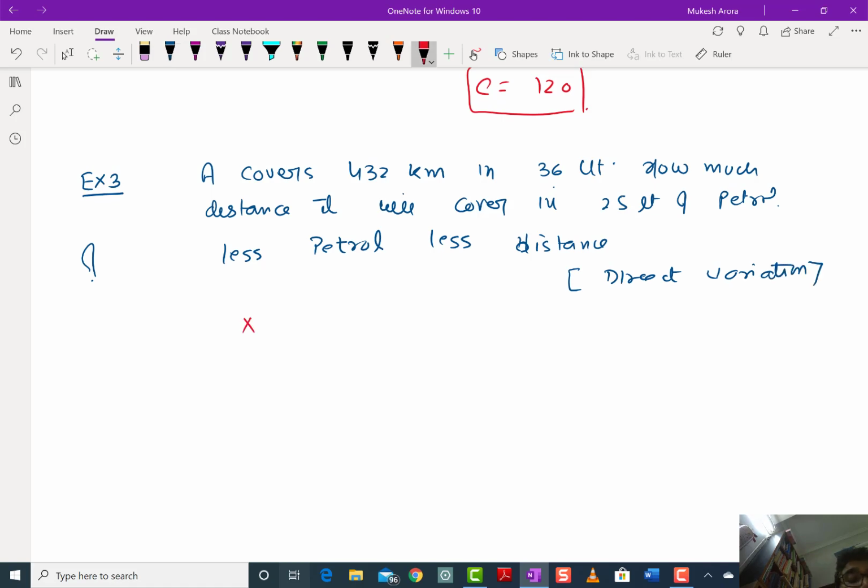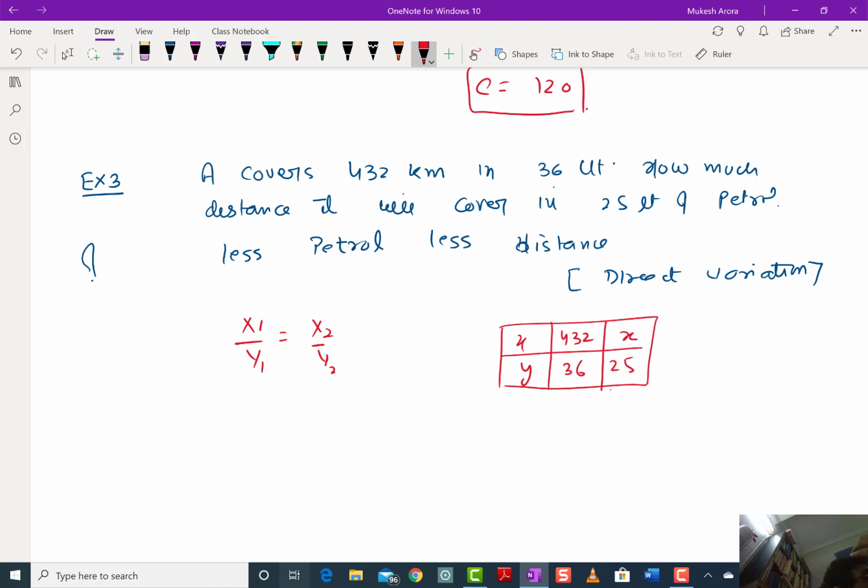So direct variation is x1 by y1 is equal to x2 by y2. So we'll draw the table. x and y. x1 432, y1 36, this is 25, this is x. So 432 by 36 is equal to x by 25. x is equal to 432 into 25 upon 36.